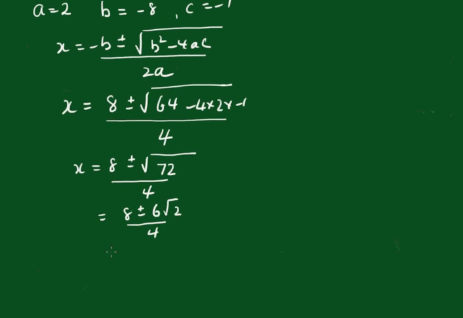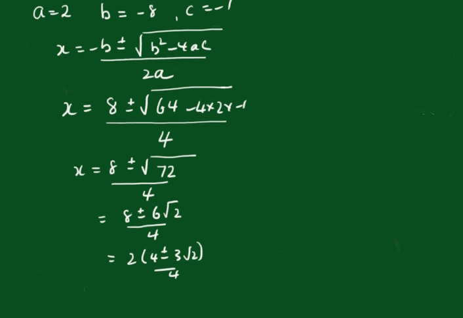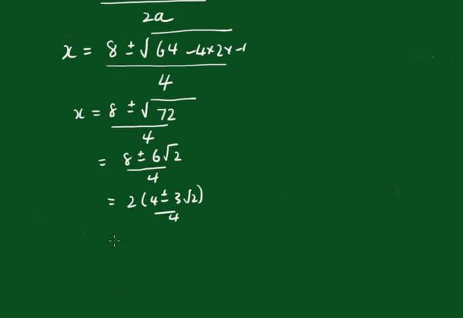So a 2 will come out, we get a 2 outside of 4 plus or minus 3 root 2 on 4, and that becomes 4 plus or minus 3 root 2 all over 2.